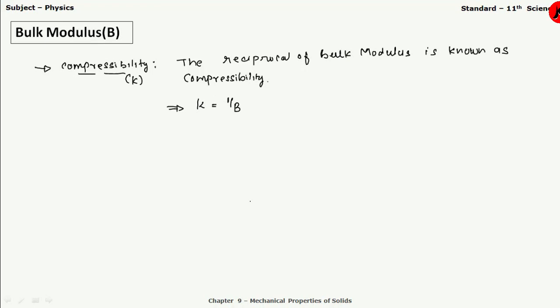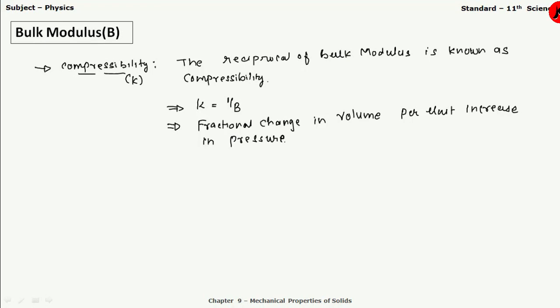And in the form of definition, compressibility is defined as the fractional change in volume per unit increase in pressure, right?